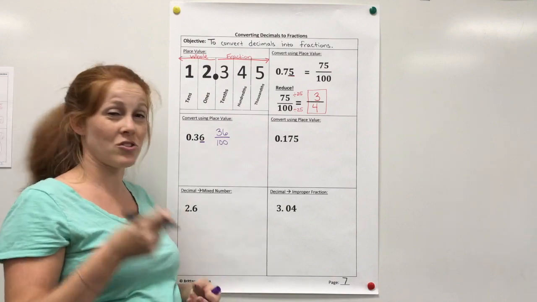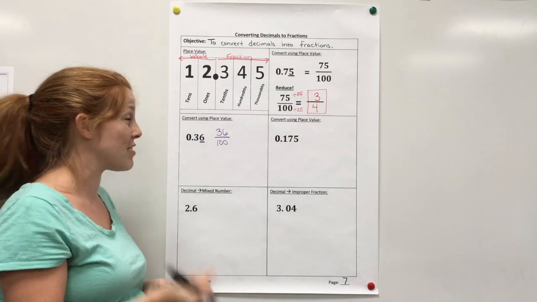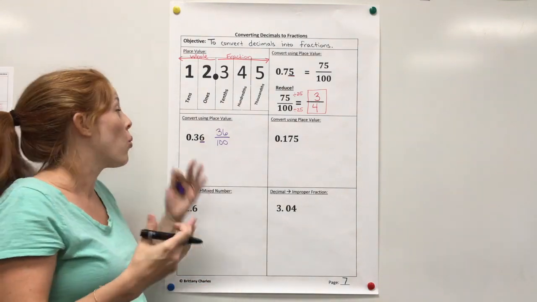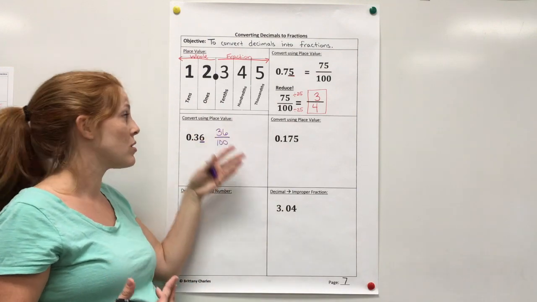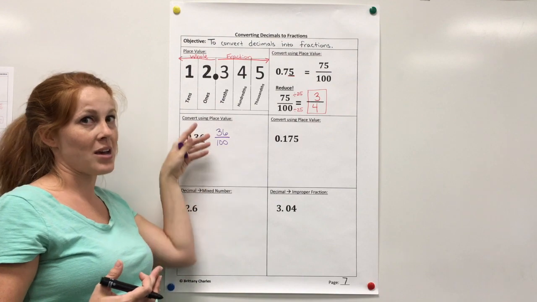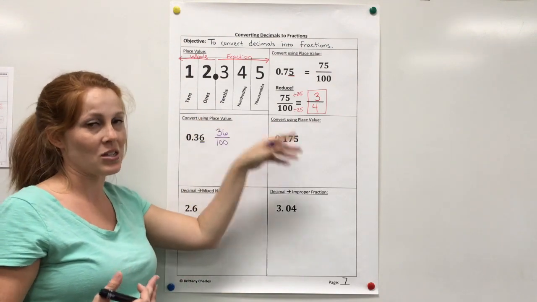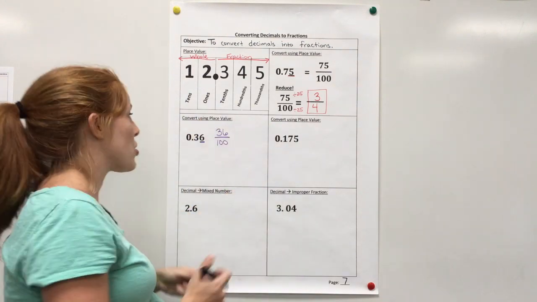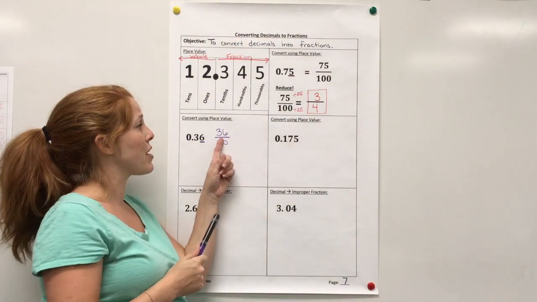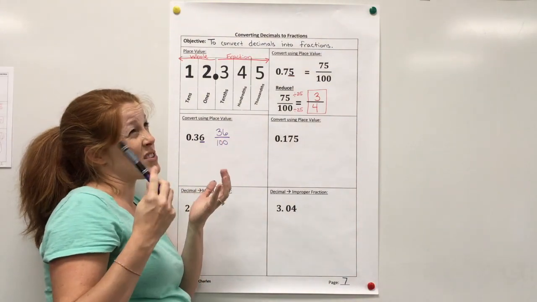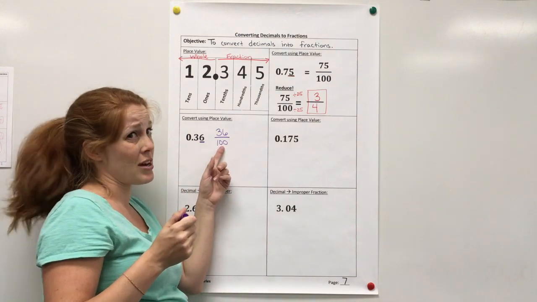Hopefully, the more you practice, you'll get good at knowing and identifying the greatest common factor. When in doubt, you could always start by dividing by 2. Just know, the smaller number you divide by, you're probably going to have to keep dividing until you get to simplest form. Okay. So if I think about this, I know that 36 is divisible by 6, but 100's not.